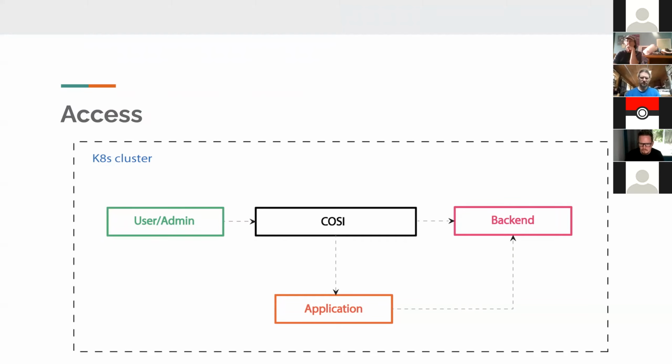And the way they would do it is they would ask Cozy to provision access for this bucket. Cozy would go talk to the backend and create the credentials or get the access, and then pass it along to the application. The application can then use the credentials to talk to the backend and perform typical object storage operations.